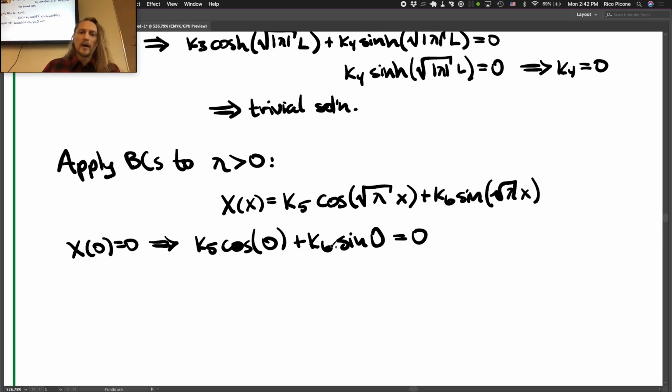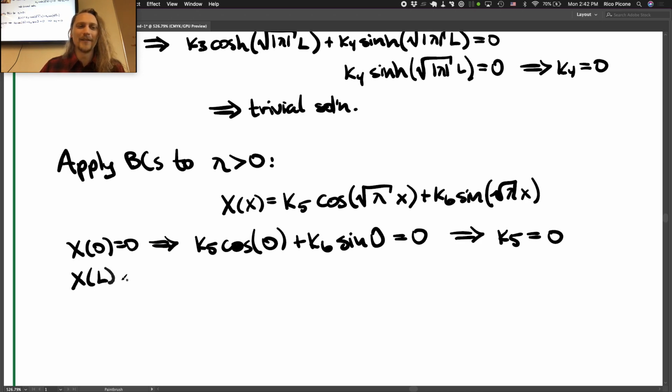Cosine of 0 is 1, sine of 0 is 0, so this tells us that k5 has to be what? 0, right? Okay, never fear. The next one is not going to be 0.